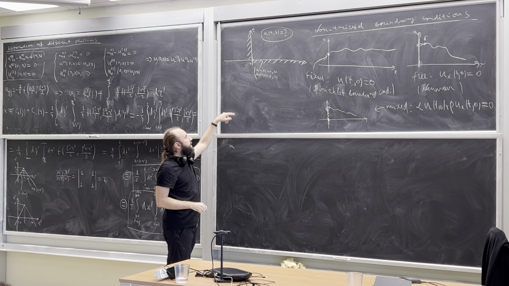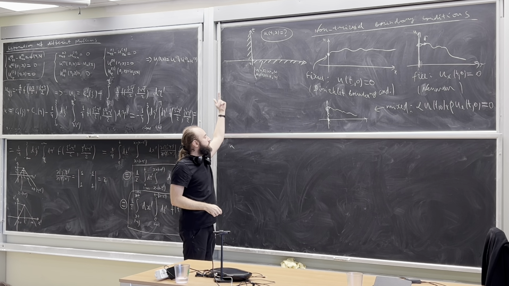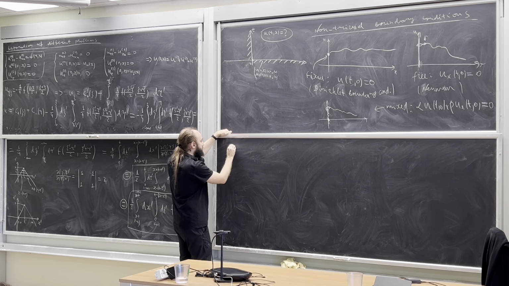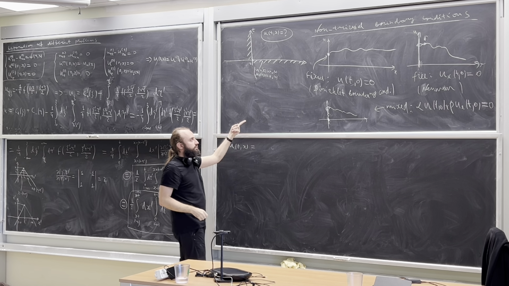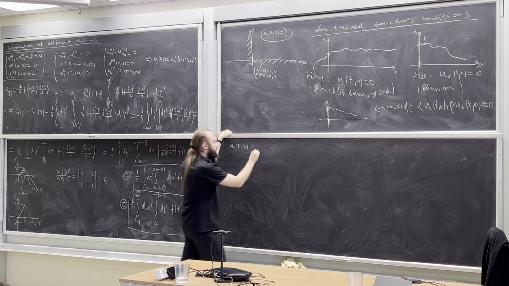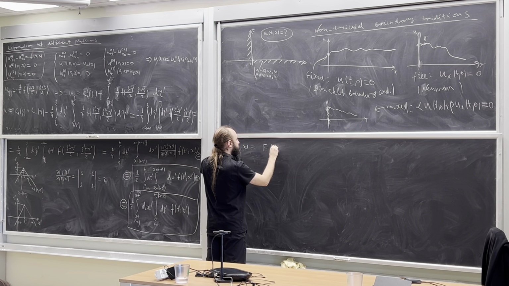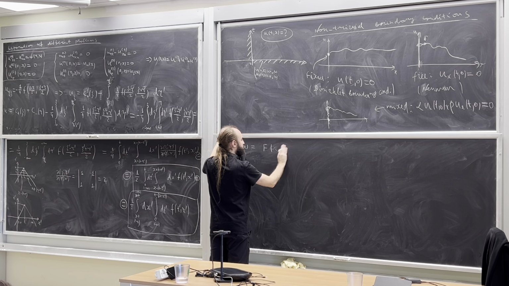So again, we know that the solution of our equation is given by the sum of two functions, f of, probably, x plus t, and g of x minus t.